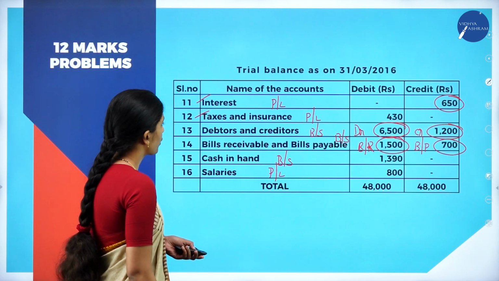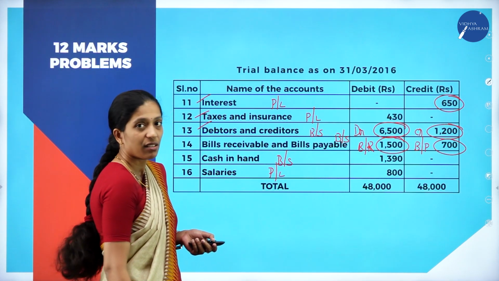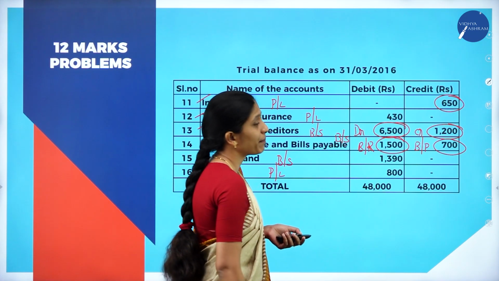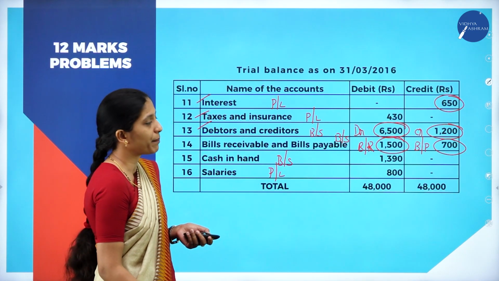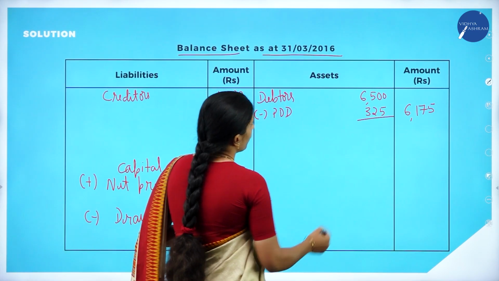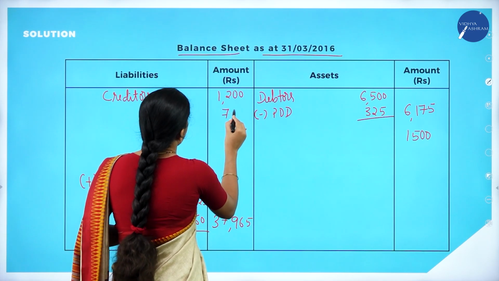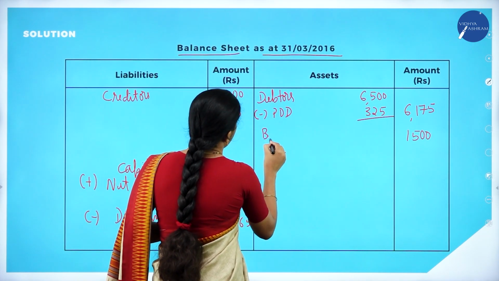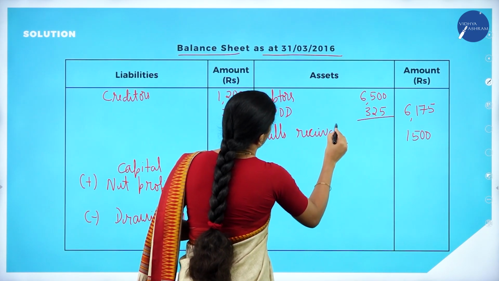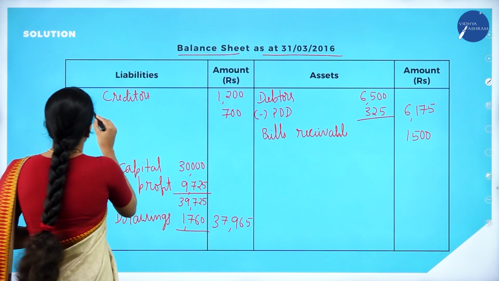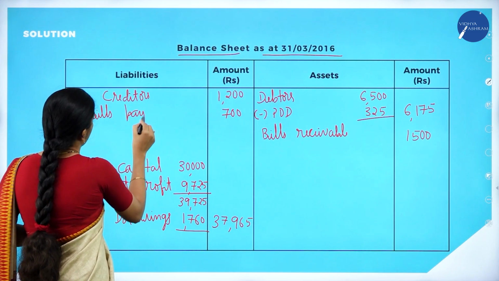Now coming to the next one, debtors and creditors is done. Bills receivable and bills payable. Bills receivable is an asset, bills payable is a liability. Bills receivable is 1,500 and bills payable is 700. So this is bills receivable 1,500, and liability, bills payable 700.